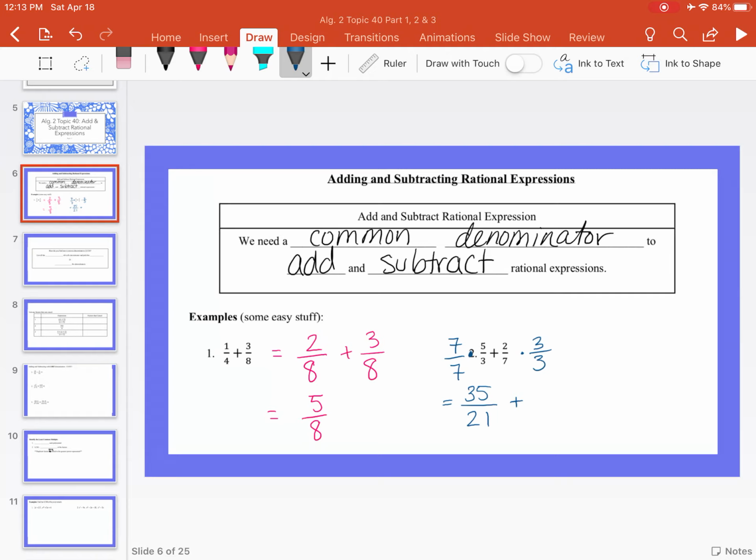We can add that to 2/7 times 3/3 gets us 6/21. Now we have a common denominator and we can add them. So we get 41/21. Now for both examples, 5/8 and 41/21, we can't simplify this any further, so our answer is all set.